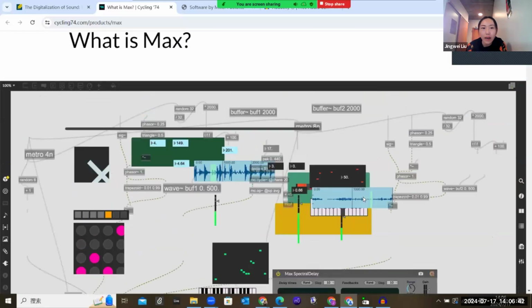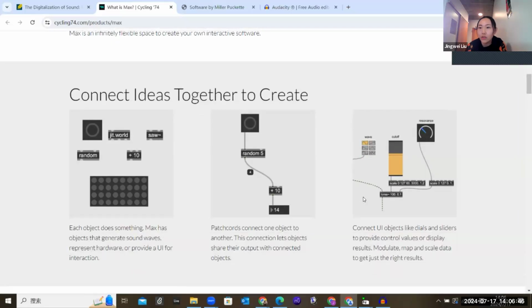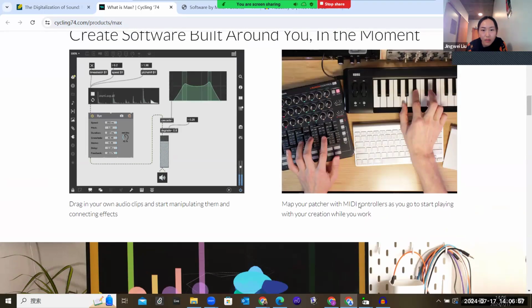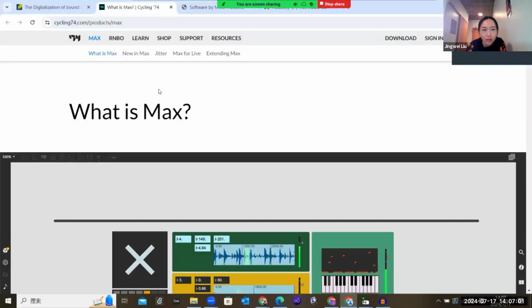But personally, I don't use Max. It's the same operational system as PD, so if I teach you how to use PD, it can be easily transferred to Max. So this is the Max interface.